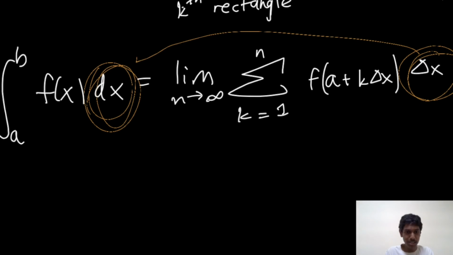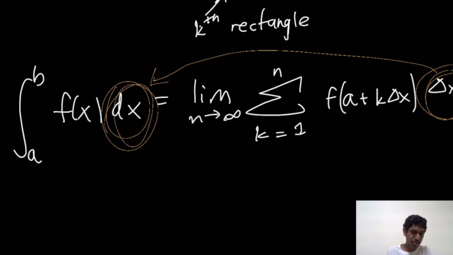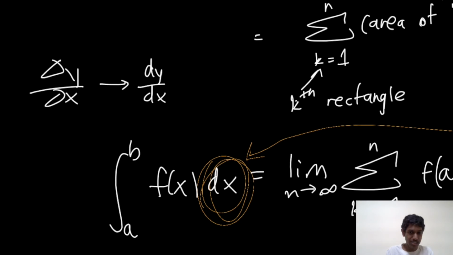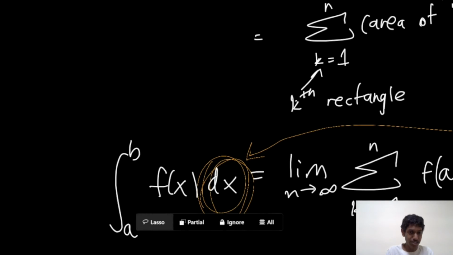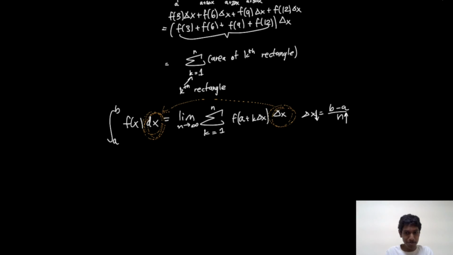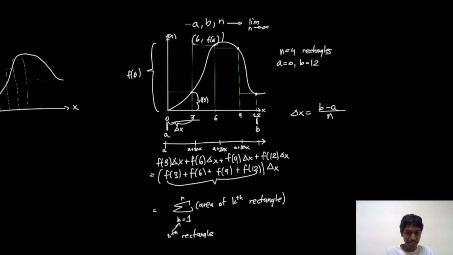When we took the limit, delta x became really small, and now we get dx. And you saw this when we did the derivative. For example, we could approximate the derivative with delta y over delta x. But then if you shrink this to infinity, then you get dy dx. So it's the same sort of notation here. And then, of course, our function is f of x, and we've got that over here. And so this is how we define our definite integral.